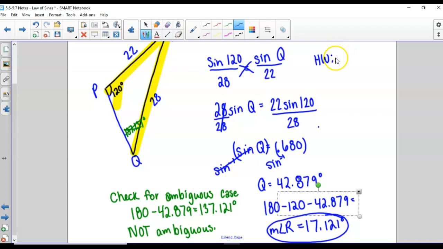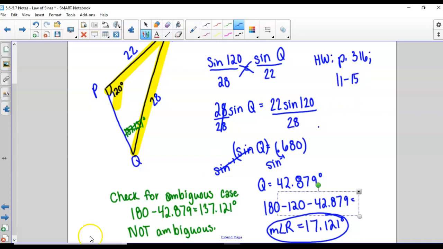So it is going to be on page 316, and I want you guys to do 316, 11 through 15.